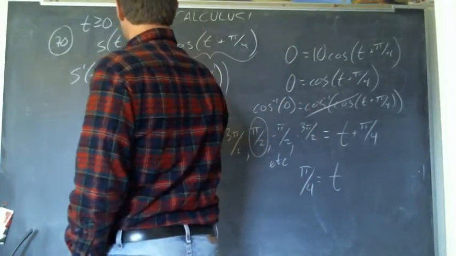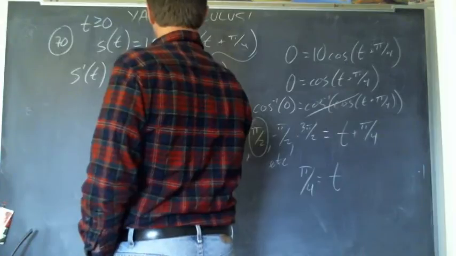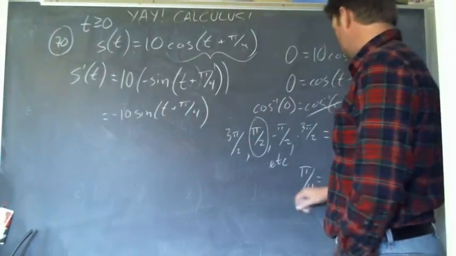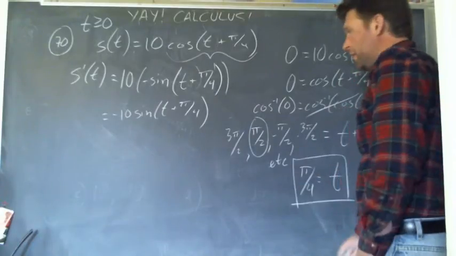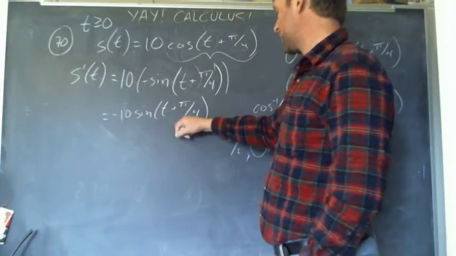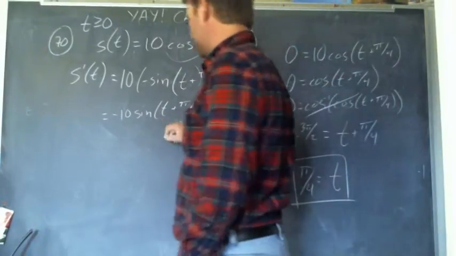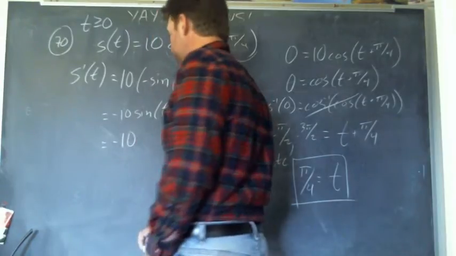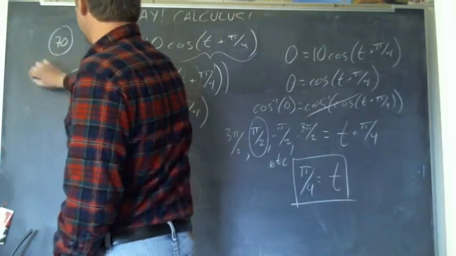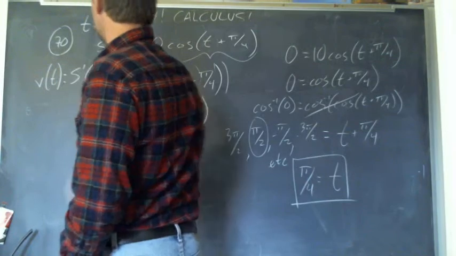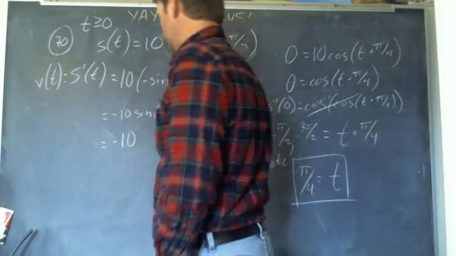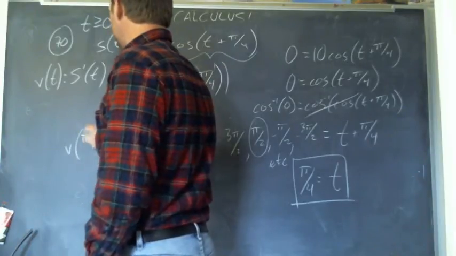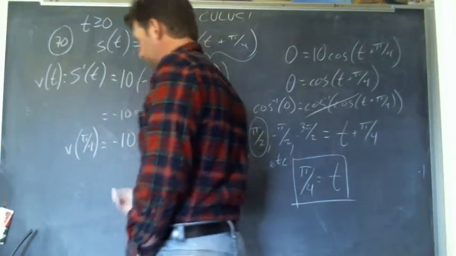That's negative 10 sine of t plus pi over 4. So when t equals pi over 4, pi over 4 and pi over 4 is pi over 2. Sine of pi over 2 is 1. So negative 10. Our velocity at pi over 4 equals negative 10.